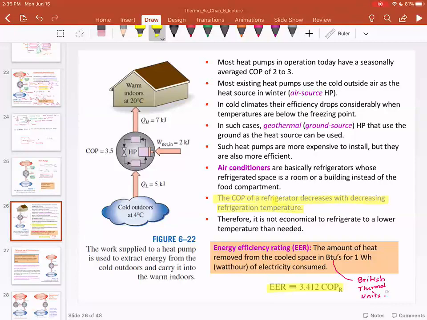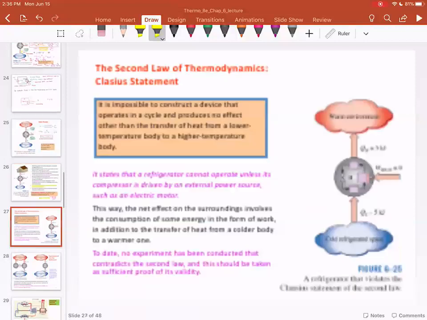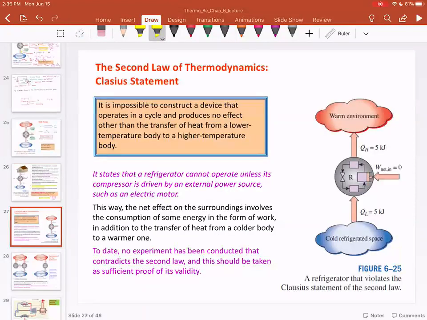So sometimes you have air conditioners or refrigerators that have been working for 10, 12 years, and then all of a sudden you realize that there is a problem and that the time has come to get a new, more efficient air conditioning system. So now, this is the Clausius statement, and we discussed this in detail, but let's reiterate.